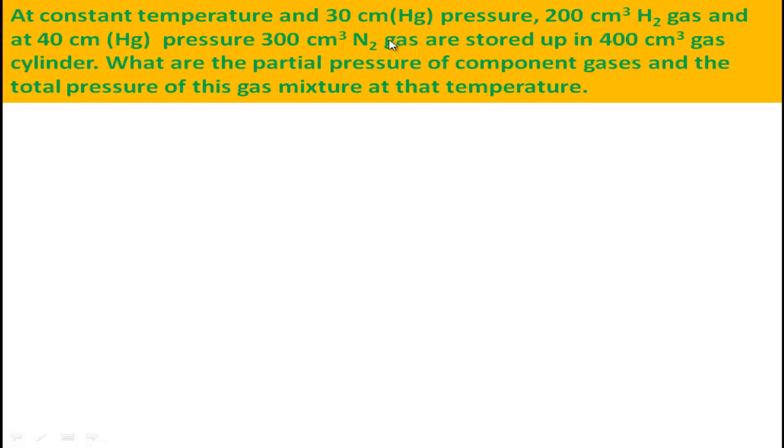But when the gases are mixed in another container of different volume, in that case the volume of the vessel in which the gases are mixed is actually the total volume. So here our total volume will be 400 centimeter cube of gas mixture.